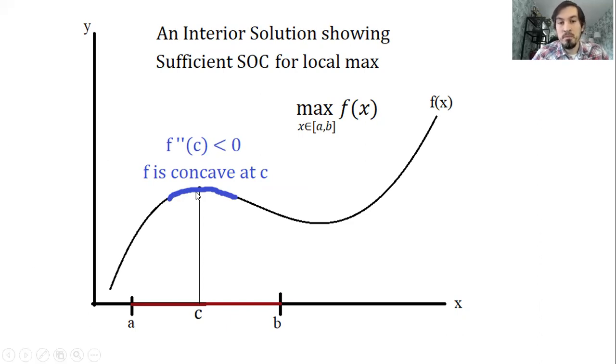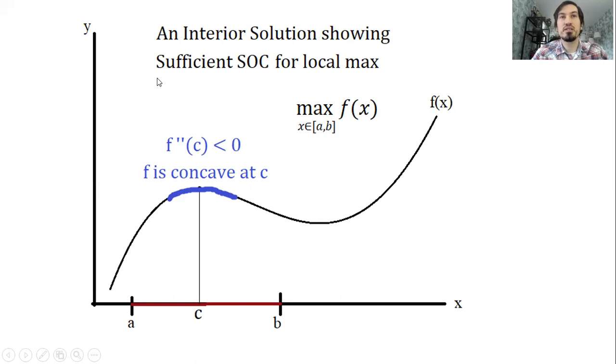That means if I have some point c which has already satisfied the first order condition, you can't even talk about the second order conditions unless the first order ones are satisfied. So let's say c is a point where the first order condition is satisfied. And the question is, can we be sure it is a local maximum? That's what sufficient means.